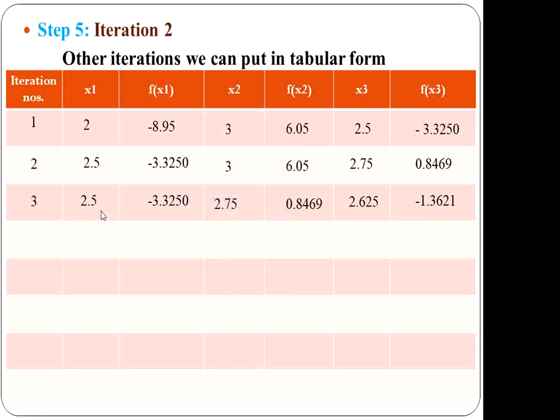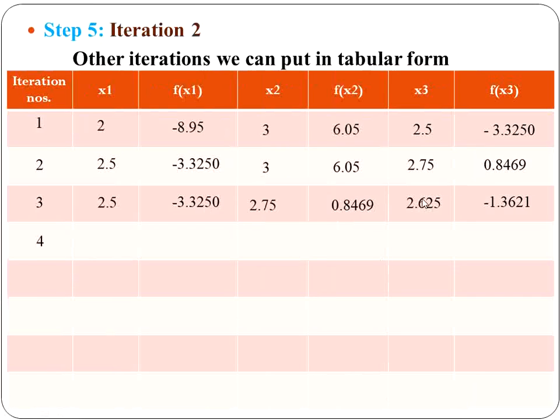Okay. Now for the next iteration, what is the replacement? Again you can check. The function of x1 is negative, the function of x3 is negative. Okay, that's why this 2.5 is replaced by 2.625. For the next iteration, 2.625 is the new value of x1. We can write first of all the same value 2.75.